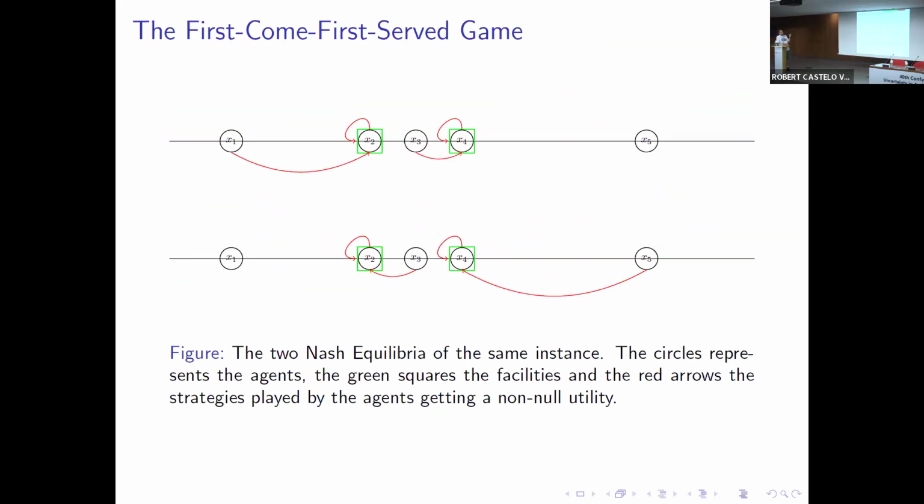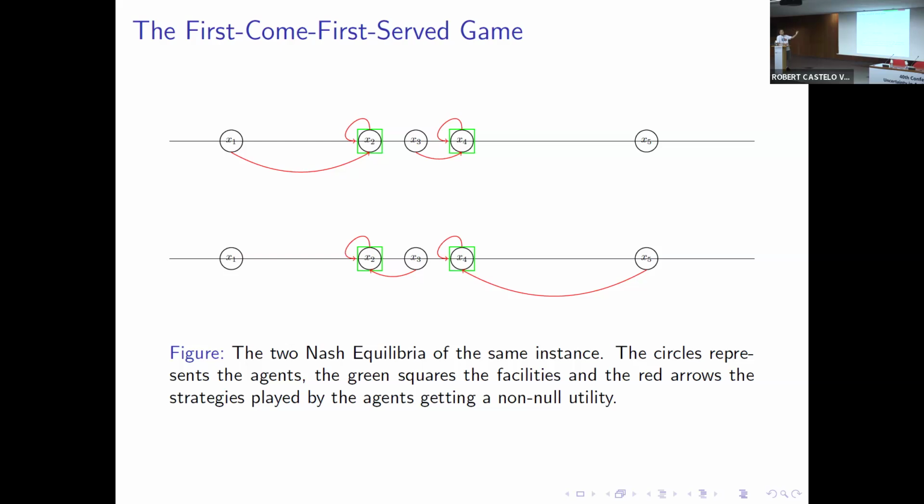So in this case, the two facilities can accommodate two agents, but you see that in between them, there is just one agent. If there was one more, we wouldn't have this situation. And also this example is particularly interesting because this outcome in which we place two facilities at two agents is actually an outcome of a percentile mechanism.